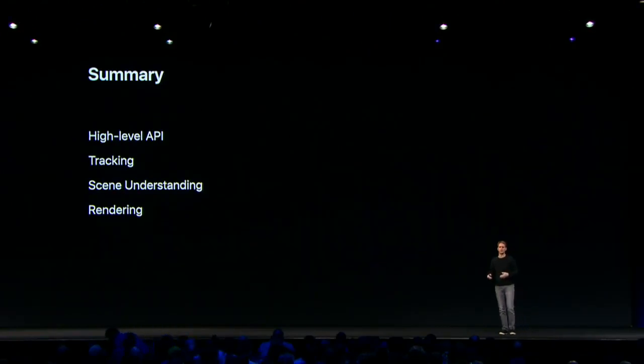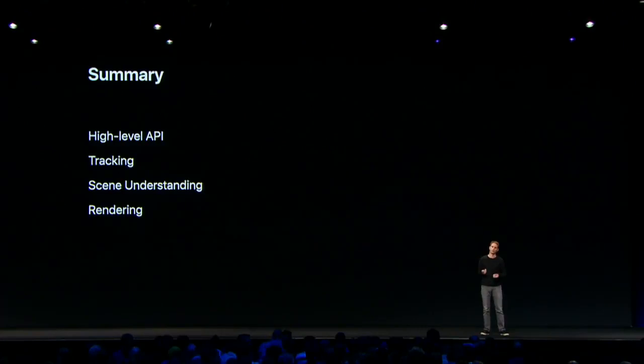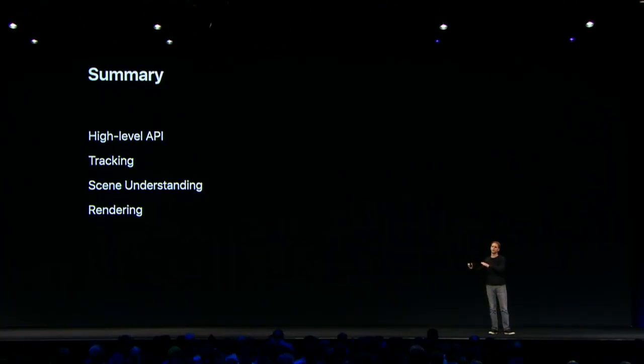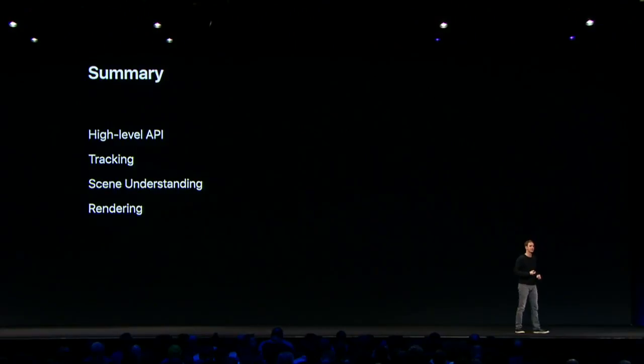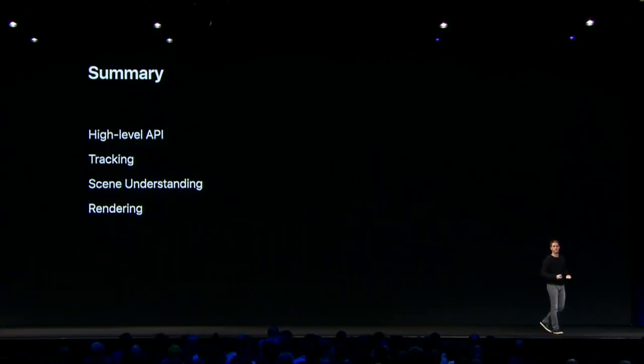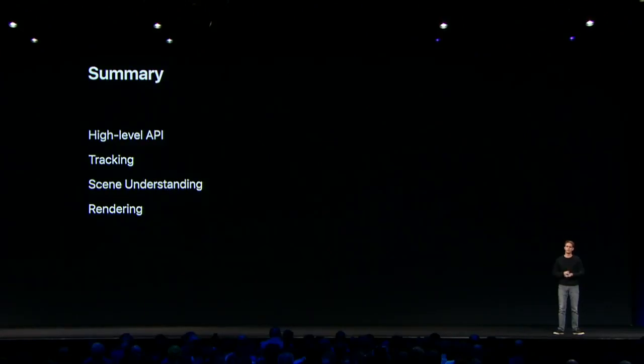Scene understanding provides you with plane detection as well as the ability to hit test the real world in order to find 3D coordinates and place objects there. And in order to improve the realism of our augmented content, we're providing you with a light estimate based on the camera image. We provide custom integration into SceneKit and SpriteKit, as well as a template for Metal if you want to get started integrating ARKit into your own rendering engine.